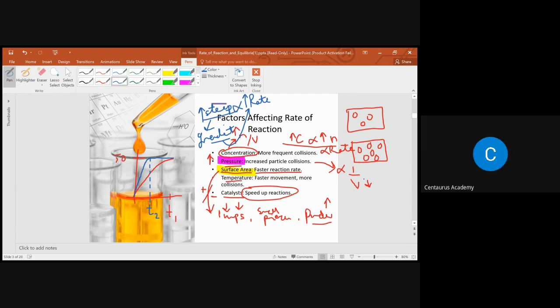The catalyst speeds up the reaction by allowing... let me give you an example. For instance, you have two different points, point A and point B, and point B is your destination.